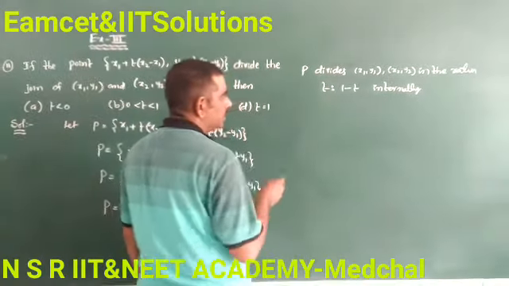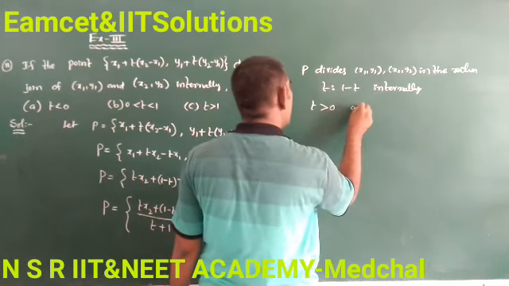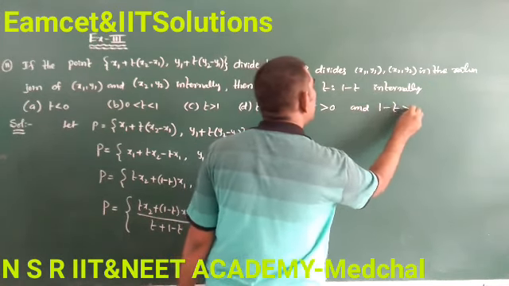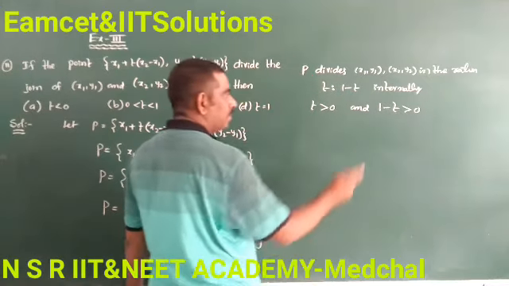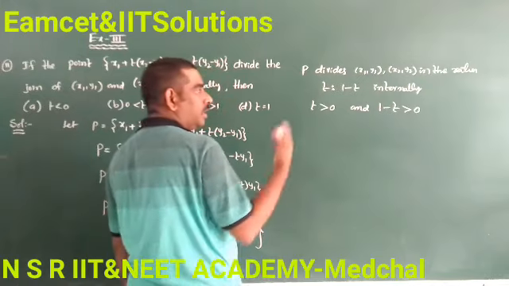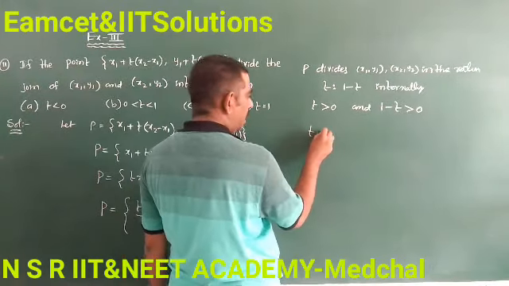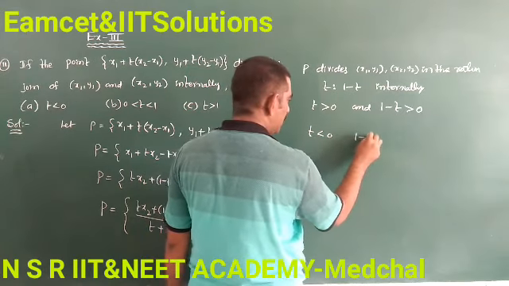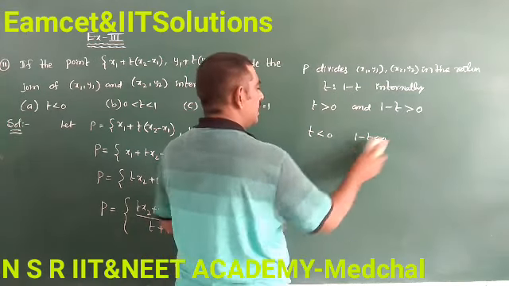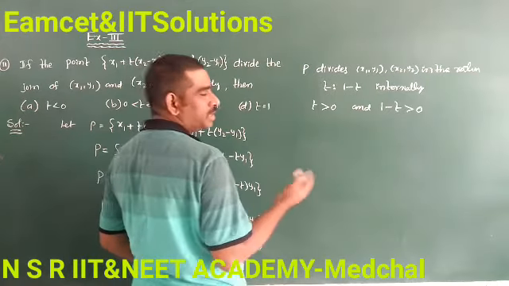Internally means positive. So t value is greater than 0 and 1 minus t value is also greater than 0. Why? Because internally means positive. If it is externally, t and 1 minus t become negative, and at that time we write t less than 0, 1 minus t less than 0. So it is internal, that's why I write t greater than 0, 1 minus t greater than 0, meaning positive.